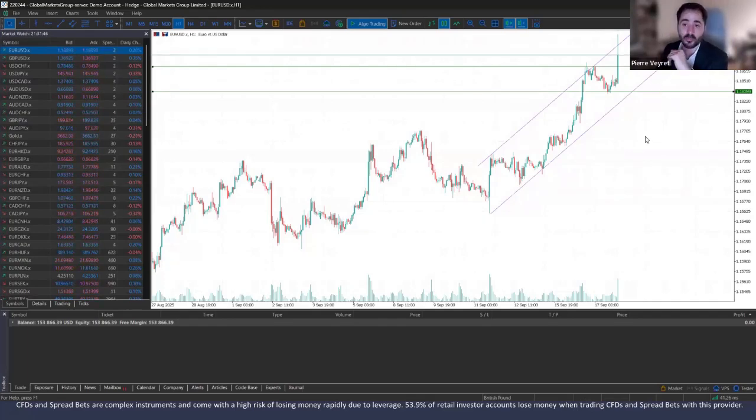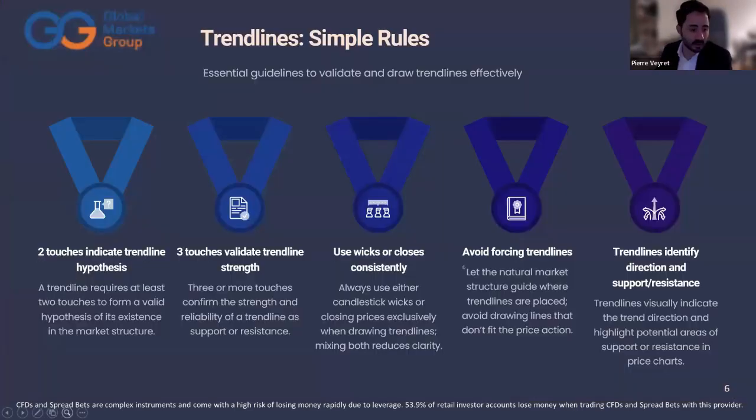We never know. But when the market closes outside of the lower bound of the channel, it means the bullish trend is no longer valid. This is all it means.